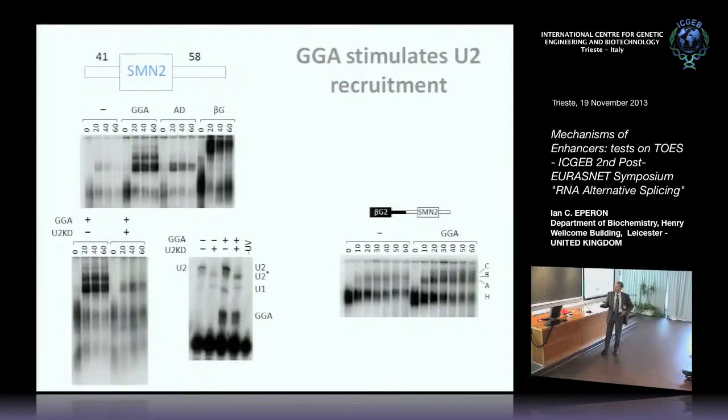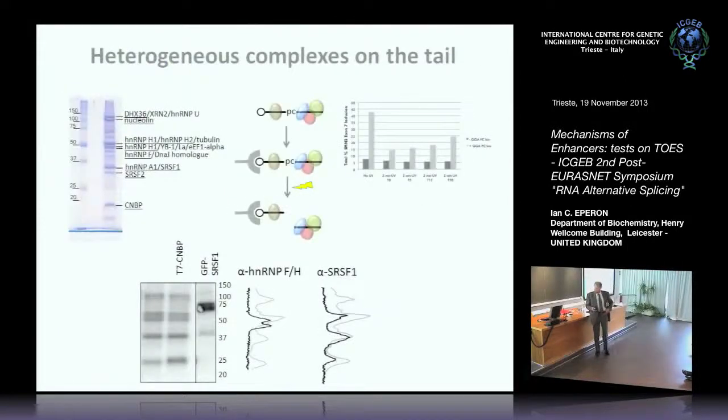And we went on to show in obvious sorts of ways, by depleting U2 and by cross-linking and by looking at spliceosome assembly as a whole and looking at the formation of complex A, that this involves the recruitment of U2. So U2 snRNPs are recruited by the GGA oligo, which all starts to make sense.